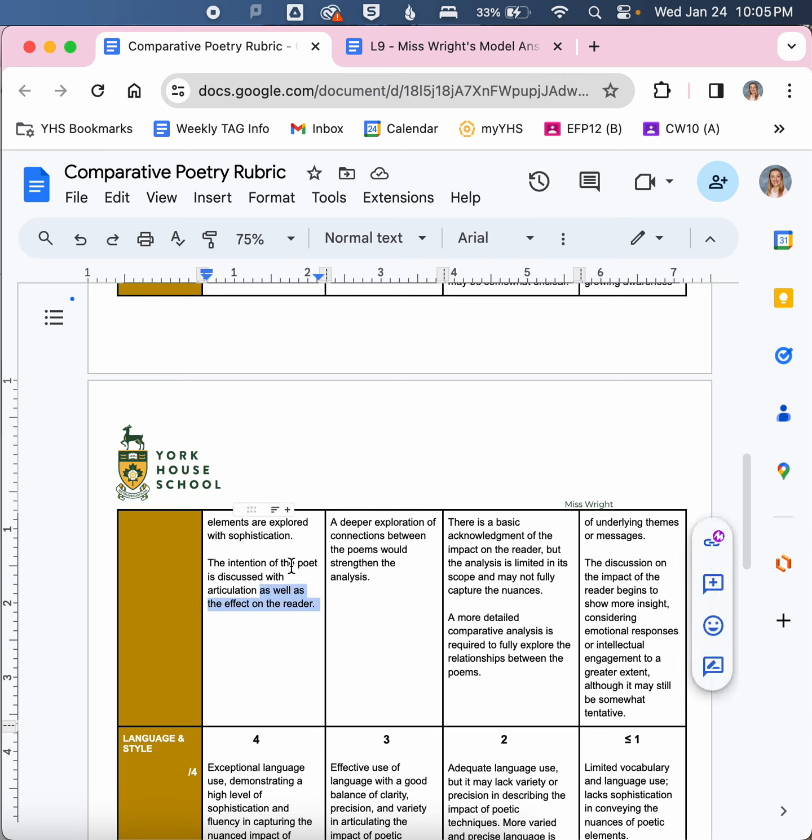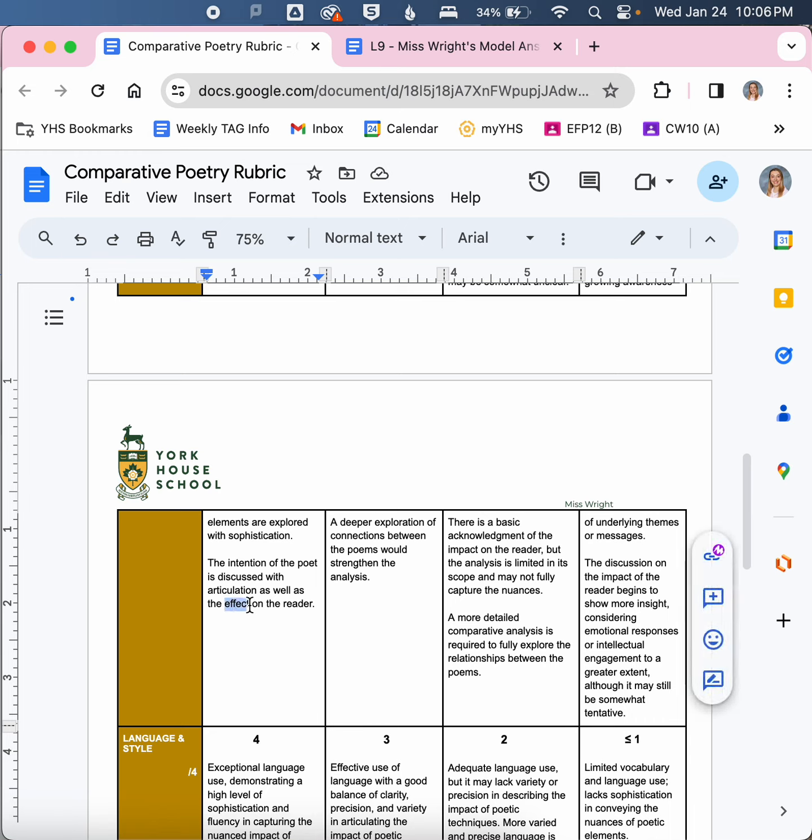So we need to think about the poet's intentions and the message that they want to convey and the context that they are writing within. But then we also need to think about the effect on the reader. This is separated into two parts: a reader at the time of writing and a reader in today's society, like you guys, for example.